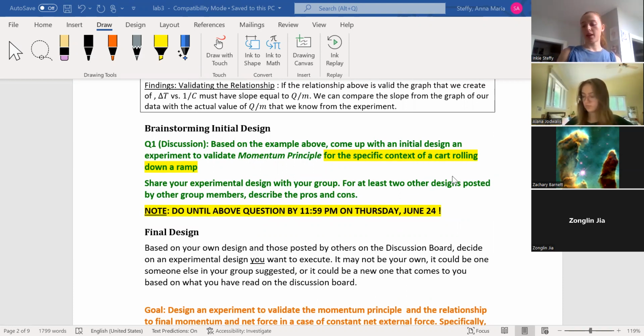I believe somebody had a weighted cart. Who was that? That was me, but I actually didn't end up really messing with the weight too much in my trials. I was trying to figure out exactly why we were supposed to, or even if we were supposed to, do multiple trials and compare the different trials.